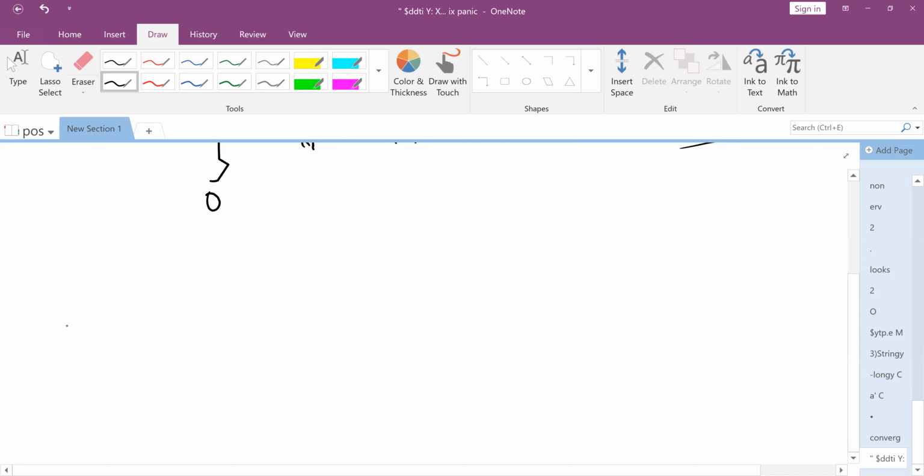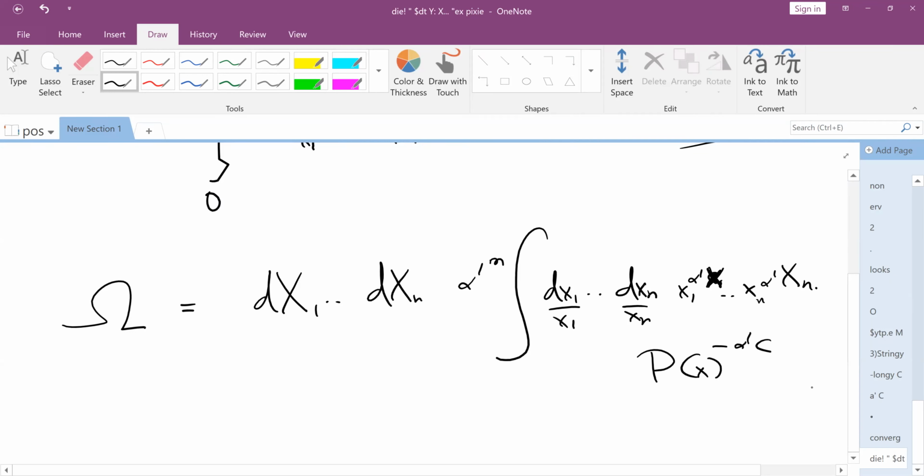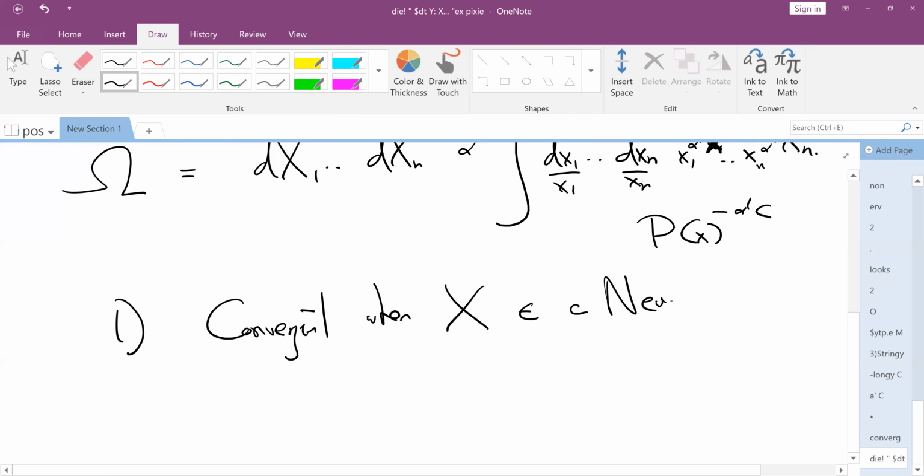But the lovely thing is that if I make a form out of this, so again, alpha prime to the n, same integral that we just talked about, capital X1, capital Xn, p of x to the minus alpha prime c. So the claim, let me finish the claim, is that this is convergent when the x are inside c times the Newton polytope of p.